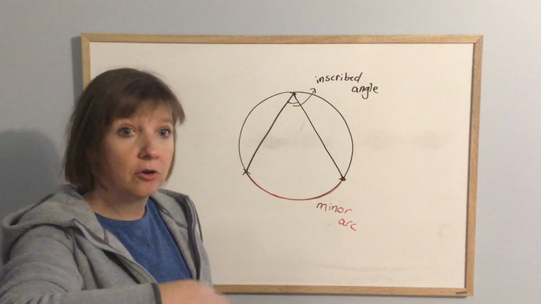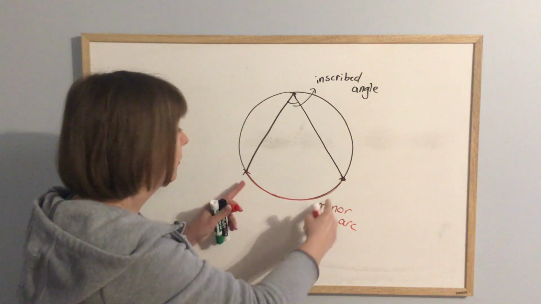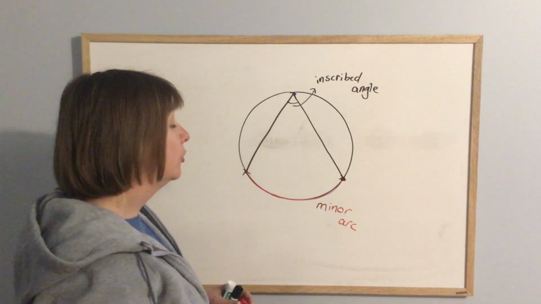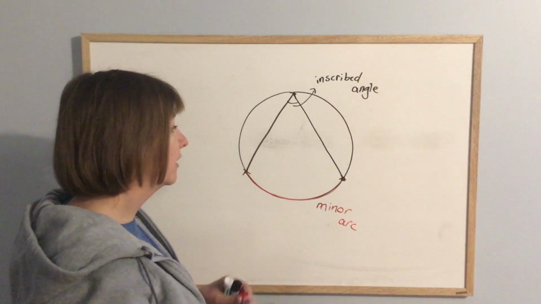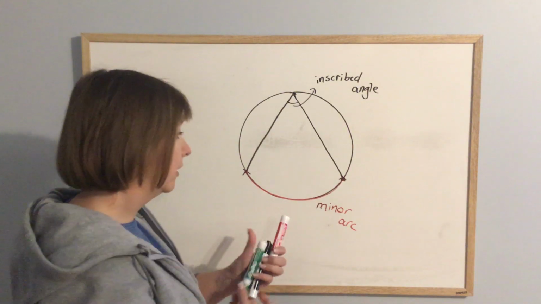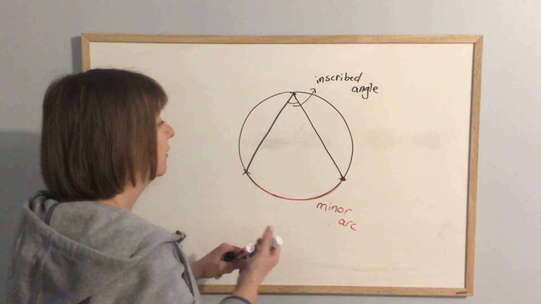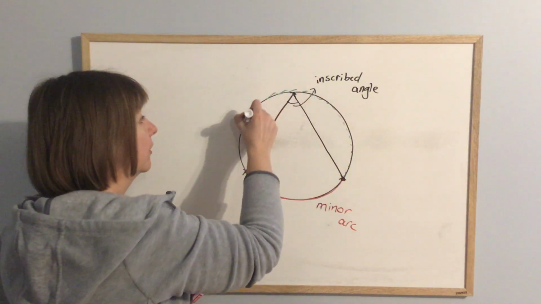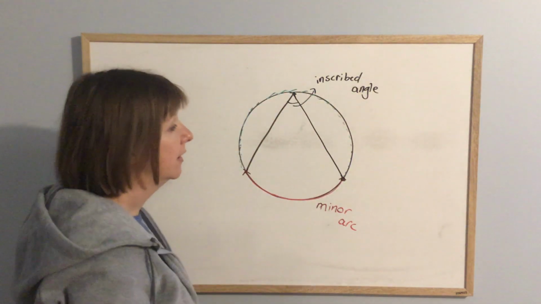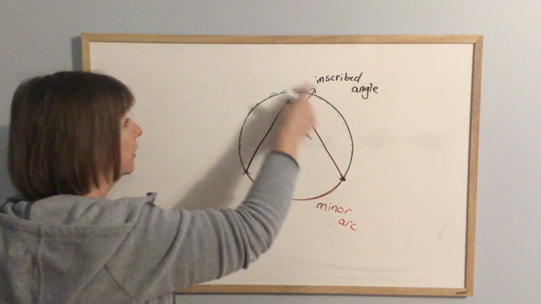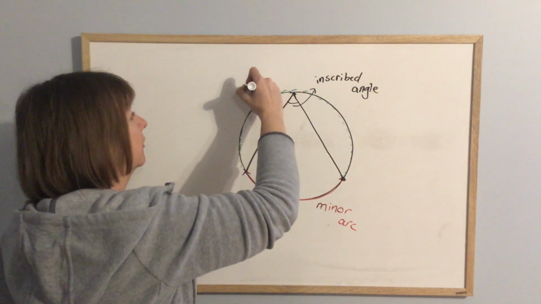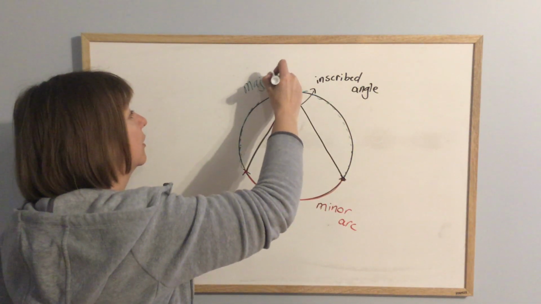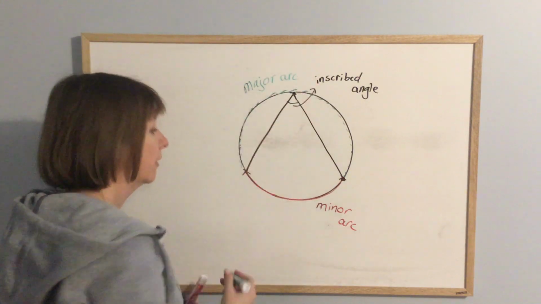Arc because it's a curved line, minor because the part of the circle that joins these 2 points around the long way, like that, is called the major arc.